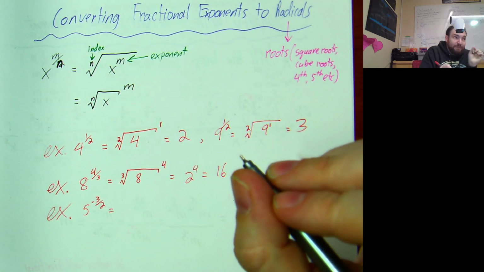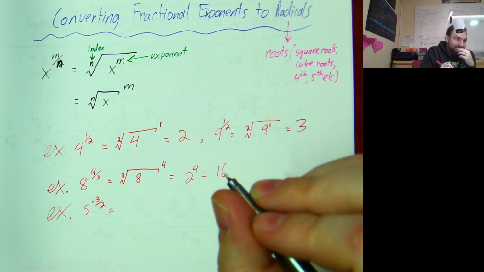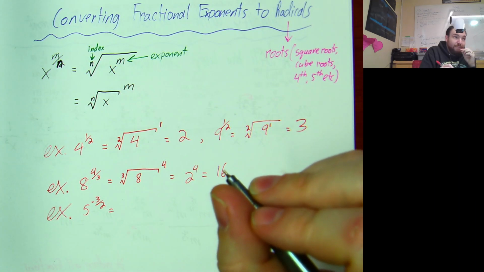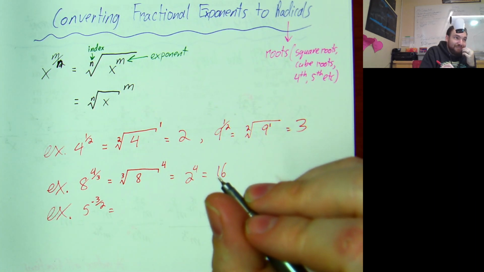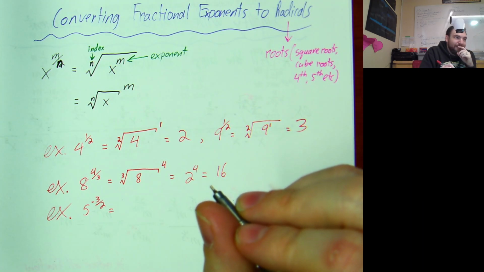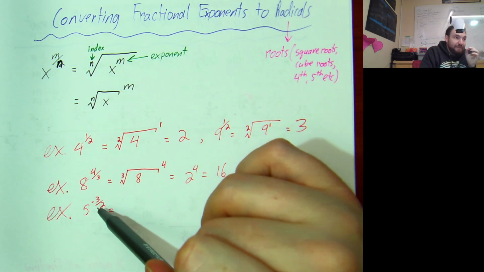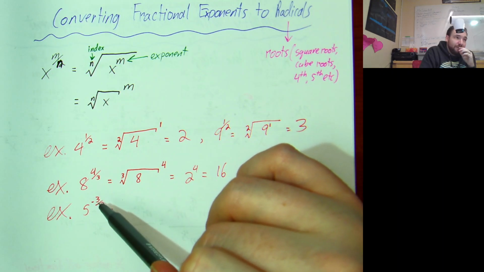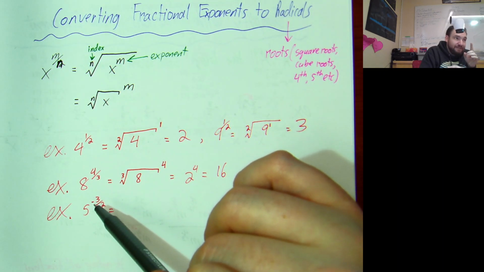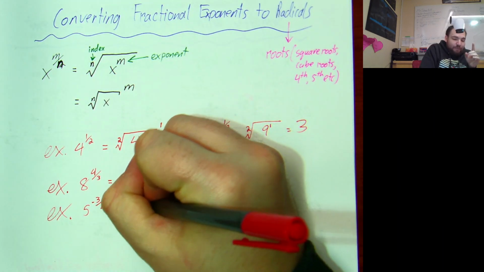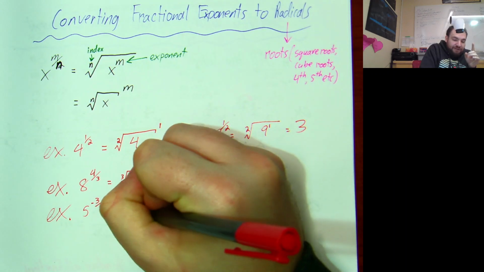A negative in the exponent means what gets flipped? No. What gets flipped when I have a negative in the exponent? We want to get rid of the negative, and we get rid of the negative by flipping not the exponent, we flip the base. So this is going to become 1 over 5 to the 3 over 2.